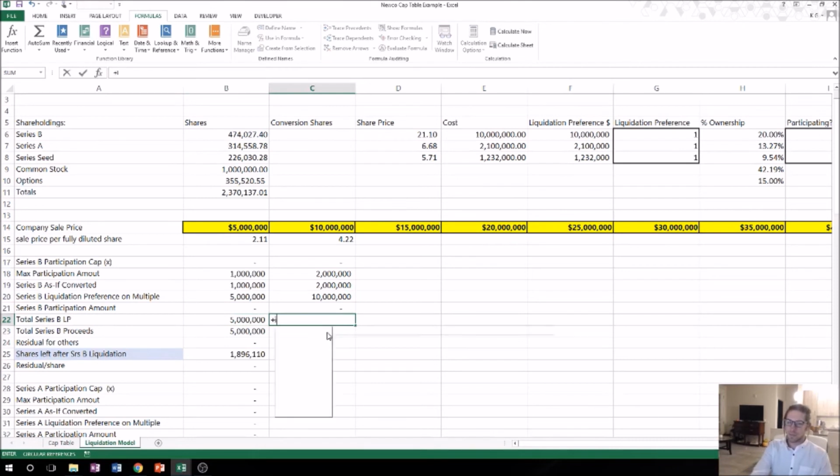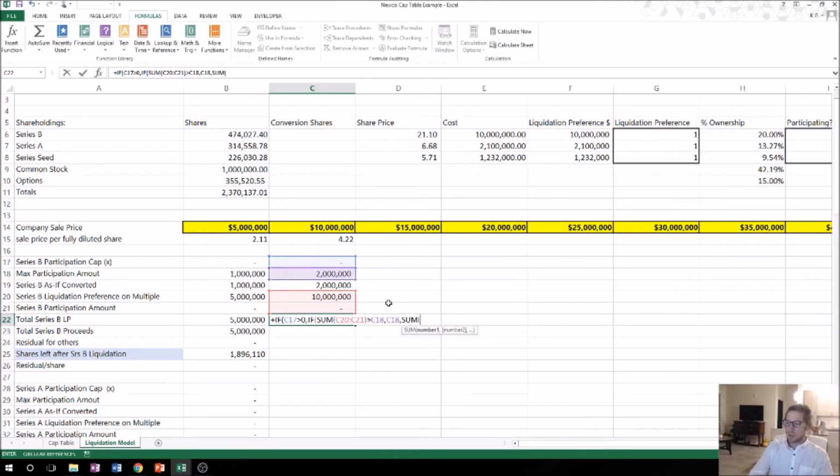So we'll say if the cap is greater than 0, if the sum of these two is greater than the max participation amount, then just give us the max participation amount.